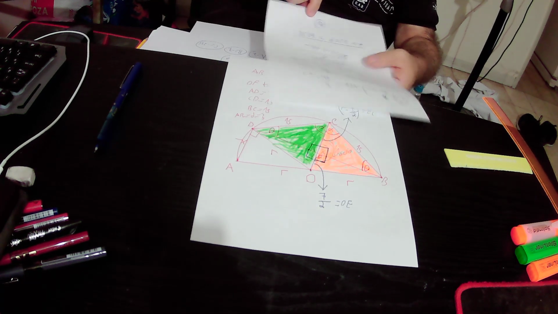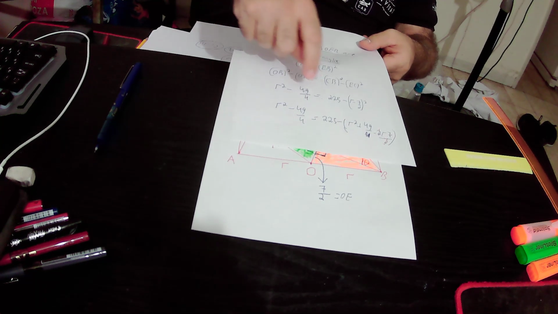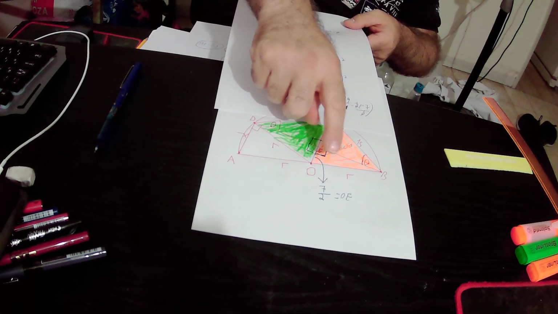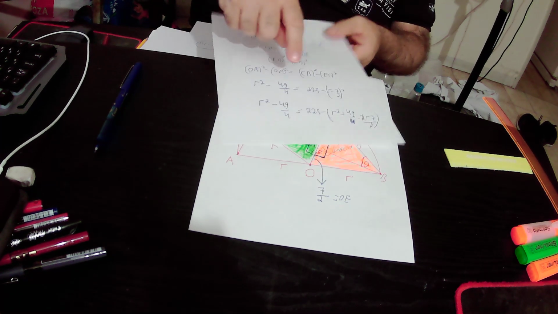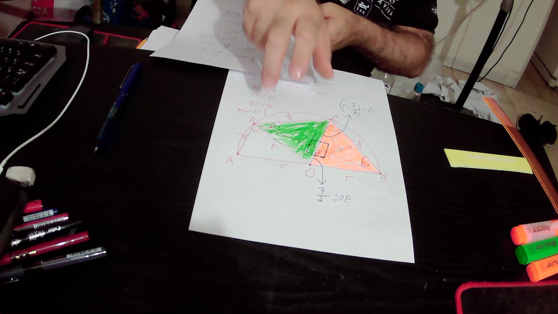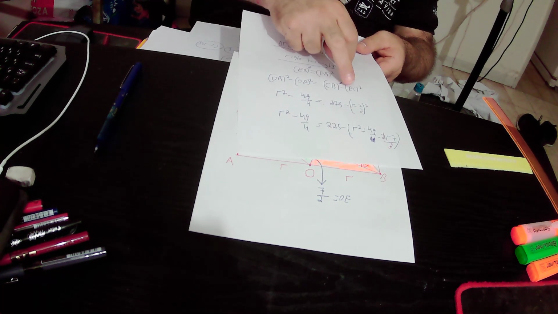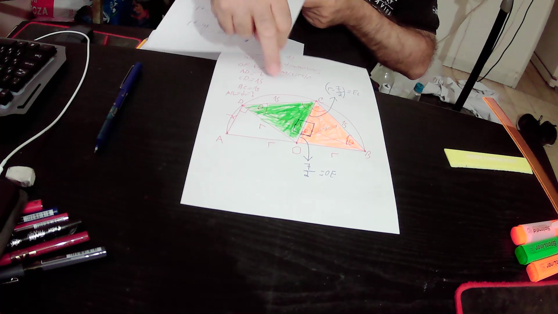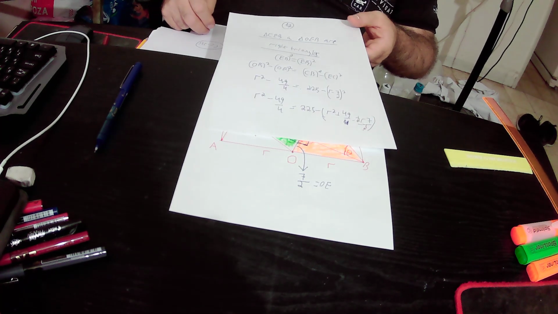But we know that OB equals R, OE equals 7 over 2, CB equals 14 units, and EC equals R minus 7 over 2. Okay, so we have only one variable here.